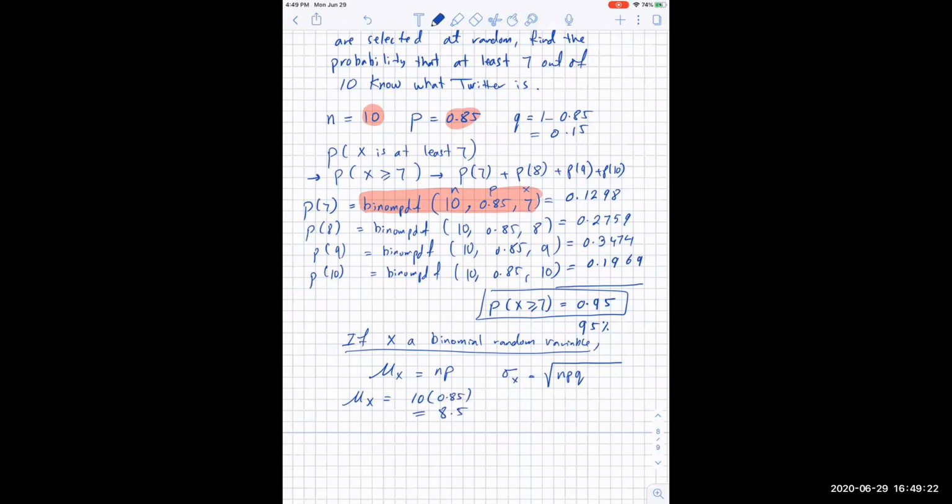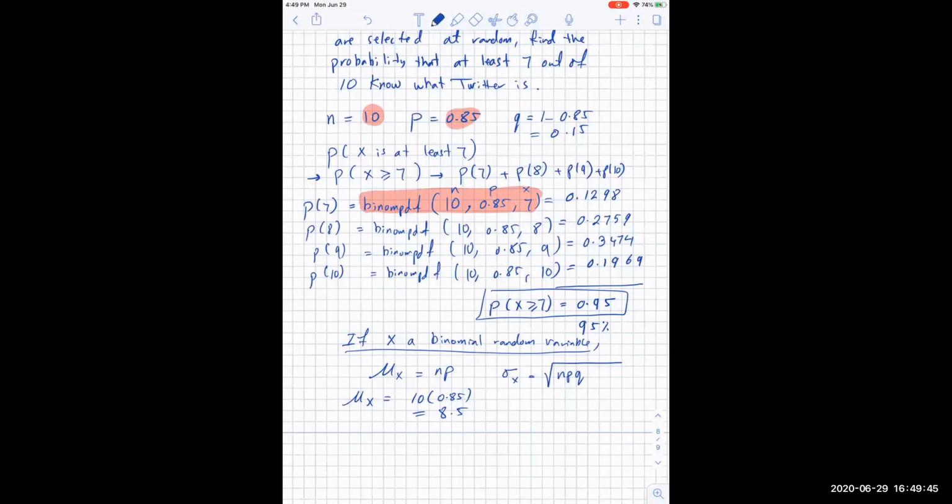So if we conduct this experiment, and if we select a sample of 10 individuals, we should expect that between 8 and 9 individuals in the sample will know what Twitter is. Average 8.5.